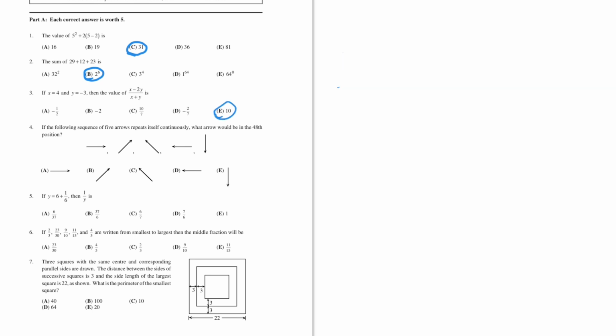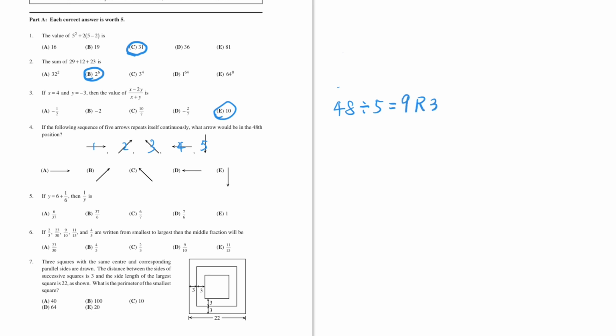Number 4, if the following sequence of 5 arrows repeats itself continuously, what arrow would be in the 48th position? So that's 1, 2, 3, 4, 5, the figure repeating. They ask for 48. Every 5 repeats, so we use 48 divided by 5. That's 9 with remainder 3.